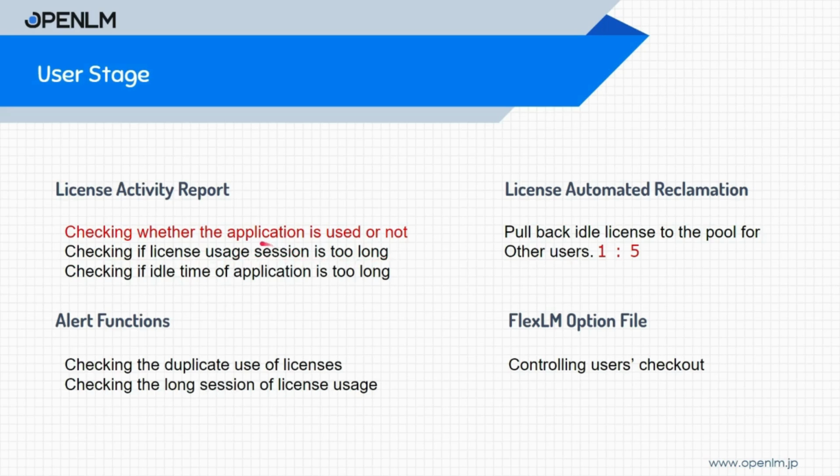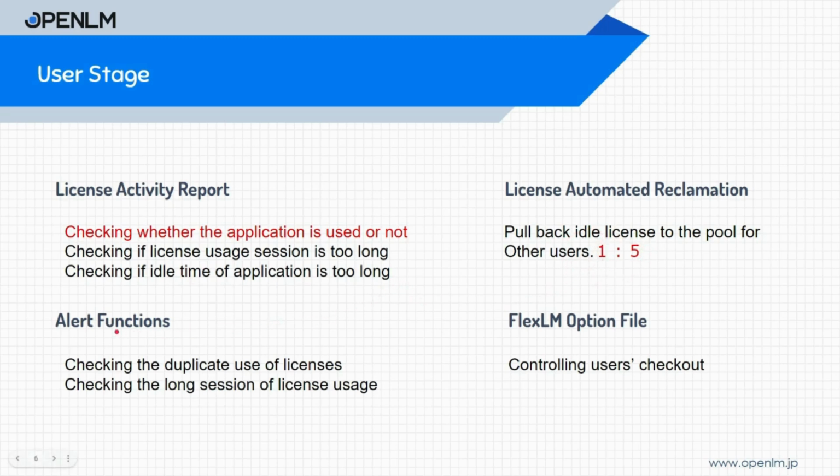It's strange if a user is using the application for 1 week or something. And check if the idle time of the application is too long also. And then license automated reclamation. Depending on idle time, you can pull back idle licenses to the pool for other users. So you can stretch a 1 to 3 ratio to 1 to 5, something like that.